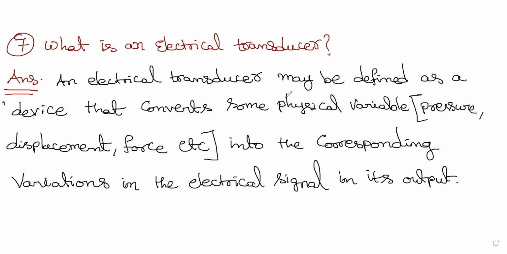An electrical transducer may be defined as a device that converts some physical variable, like pressure, displacement, force, etc., can be anything, into the corresponding variations in the electrical signal at its output. Because of the variation in the pressure, it can give the electrical signal. I told you the piezoelectric crystal is one of such kind.